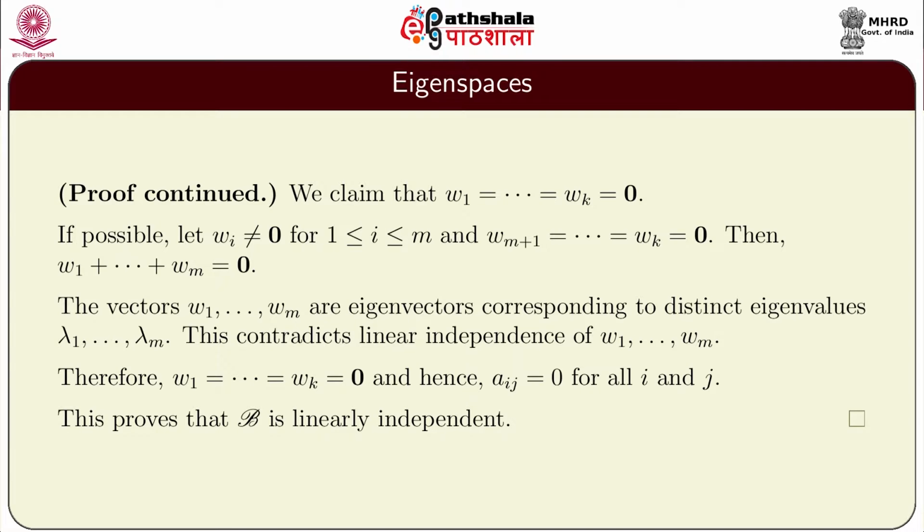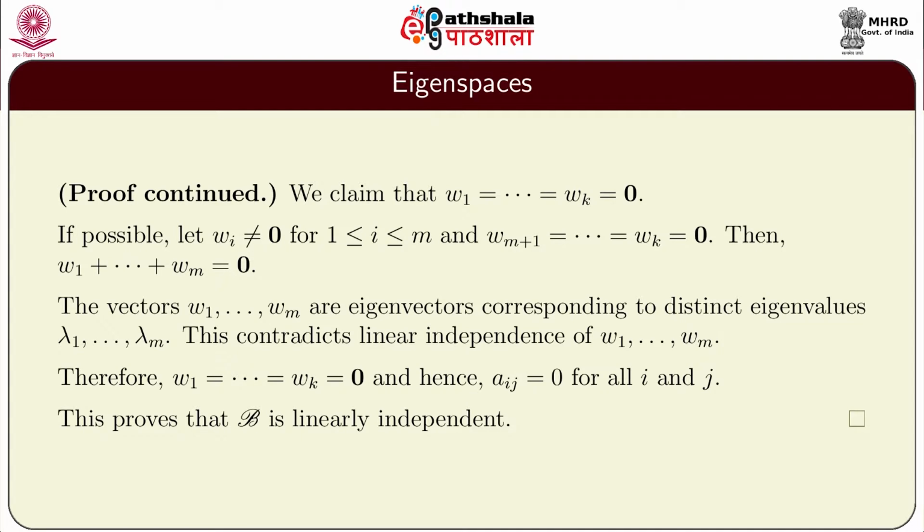Then that sum reduces to W1 and so on up to Wm is equal to 0. And what are W1 and so on up to Wm? They are eigenvectors corresponding to distinct eigenvalues lambda 1, lambda 2 etc. up to lambda m.